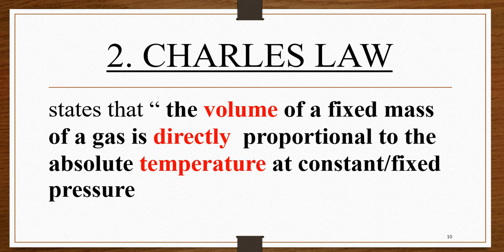And there is a catch here. There is a condition here. The pressure is held constant. And therefore, it states that the volume of a fixed mass of a gas is directly proportional to the absolute temperature at constant or fixed pressure.